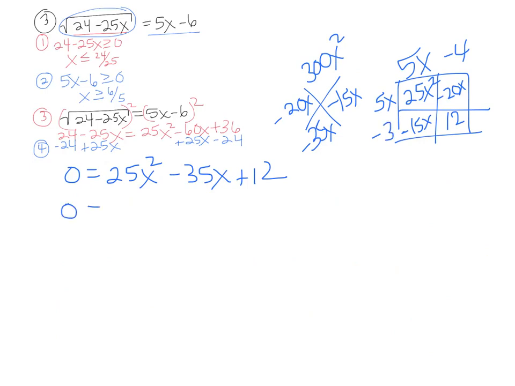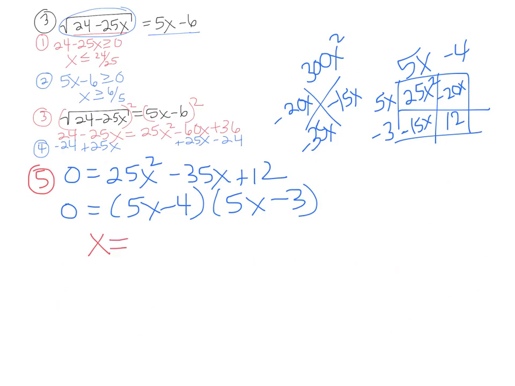So 0 will equal 5x minus 4 times 5x minus 3. For step 5, I guess I sort of already started step 5 up here. We need to finish solving. So x here would either equal 4/5 or x would equal 3/5.